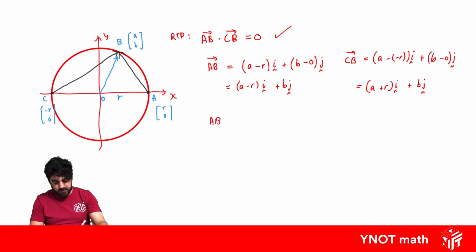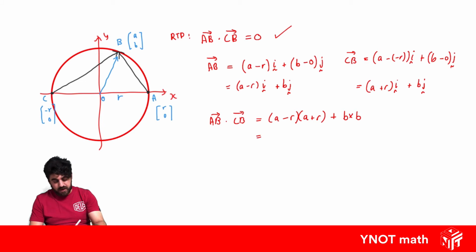So the dot product of AB and CB is just going to be its x components multiplied together, so (a - R) times (a + R), plus its b components multiplied together, so it's just going to be b times b.